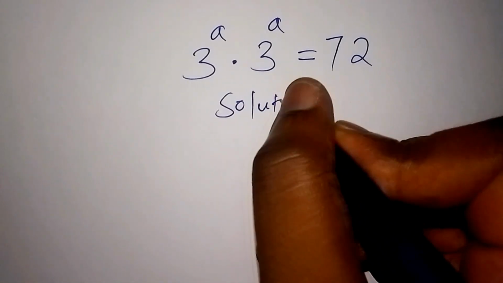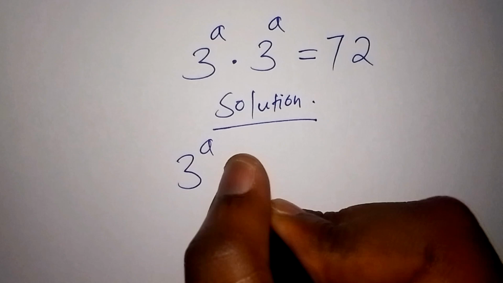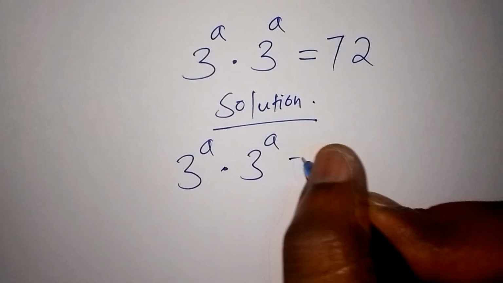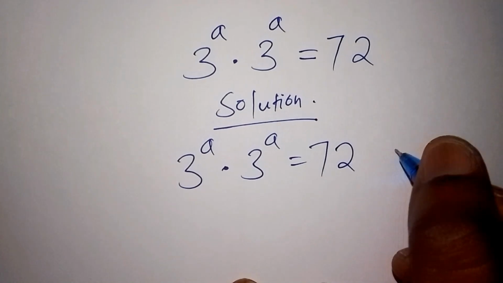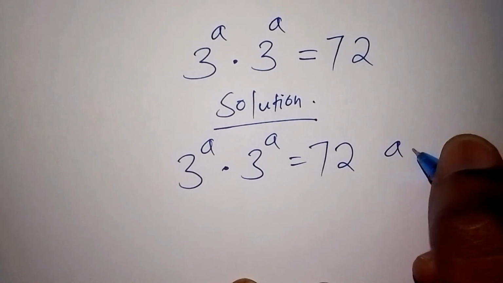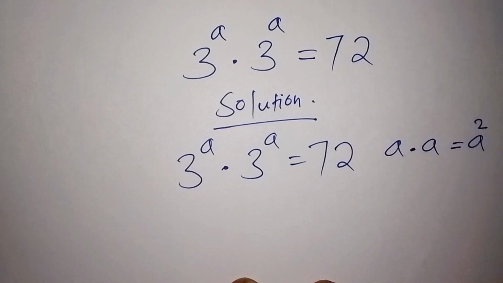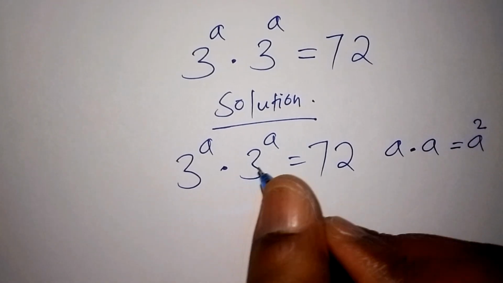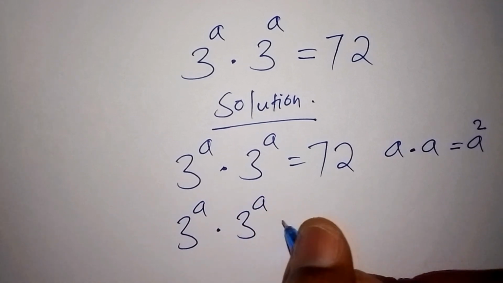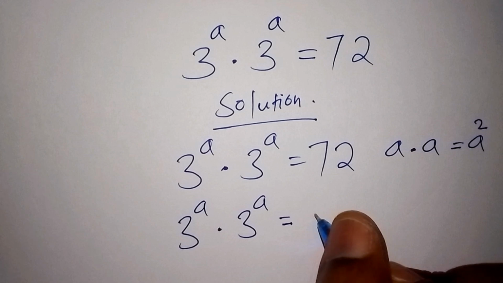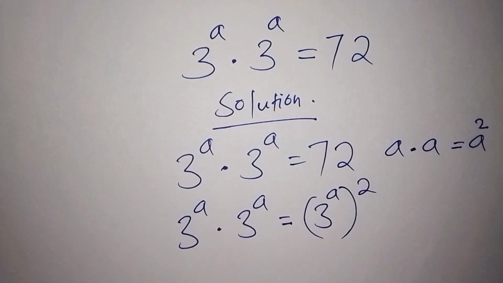In our solution, this is the maths problem that we have: 3 to the power of a, multiplied by 3 to the power of a, equals 72. The first step is that we know that when you have a multiplied by a, the answer is a to the power of 2. So 3 to the power of a multiplied by 3 to the power of a can also be written as 3 to the power of a, into bracket 2.